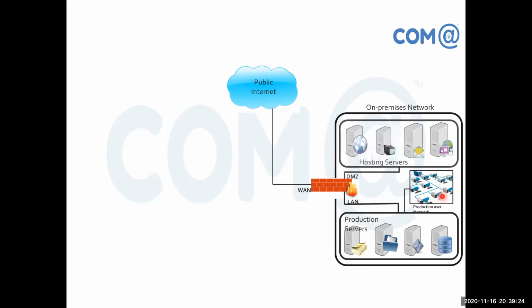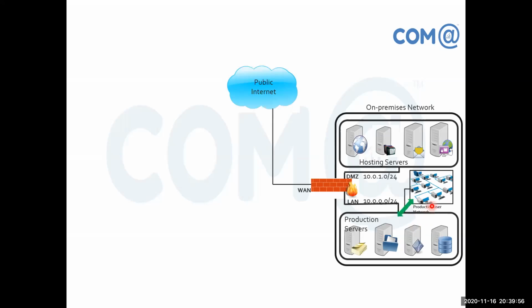Also, the companies will have their hosting servers like a web server, FTP server, email server, or a terminal server. In most organizations, these hosting servers will be connected to the DMZ in the firewall. Also, in the network configuration, the DMZ network will have a different IP range and the LAN network will have a different IP range, so we'll have different subnets.